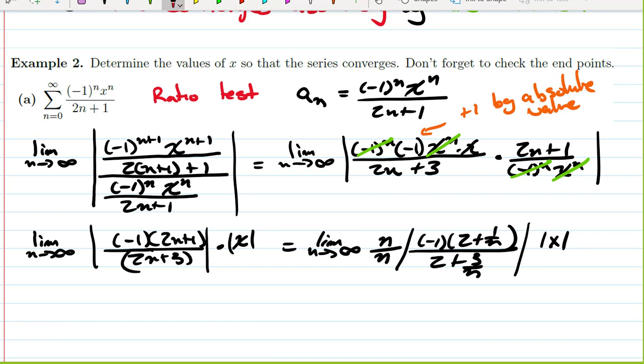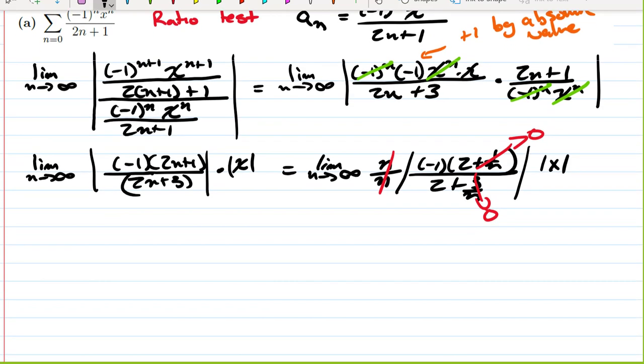So if we take the limit as n goes to infinity, those go to 0, those go to 0, those cancel out. So then this converges to -2 over 2, which is -1, but the absolute value of -1 is 1. So this limit then just equals the absolute value of x.